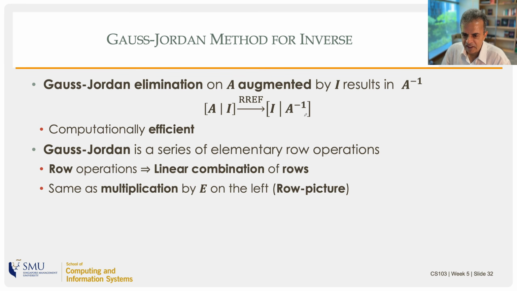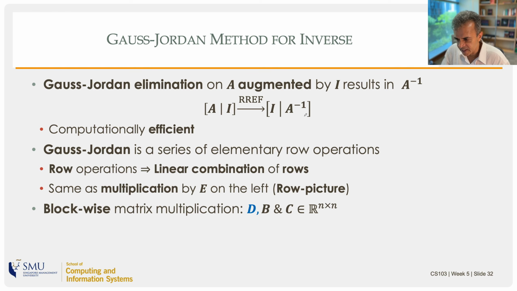As you remember, Gauss-Jordan elimination is basically performing a series of row operations. So each row operation is like an elementary operator. So you have a series of them. You can multiply them to get one elementary matrix that will implement the whole of Gauss-Jordan elimination in the row picture. So it's a matrix multiplying on the left of A to give you its RREF.